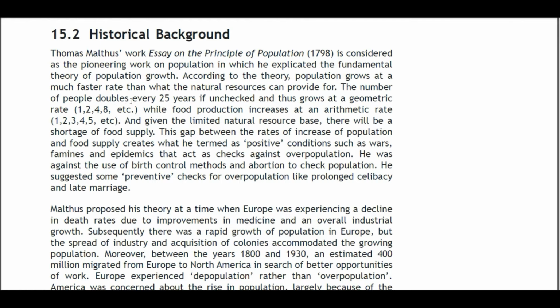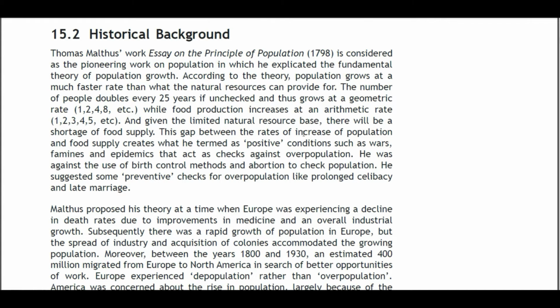The number of people doubles every 25 years if unchecked, and thus grows at a geometric ratio of 1, 2, 4, 8, etc., while food production increases at an arithmetic rate of 1, 2, 3, 4, 5, etc. And given the limited natural resource base, there will be a shortage of food supply.